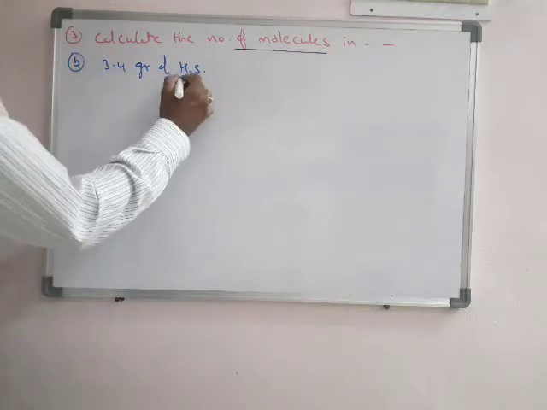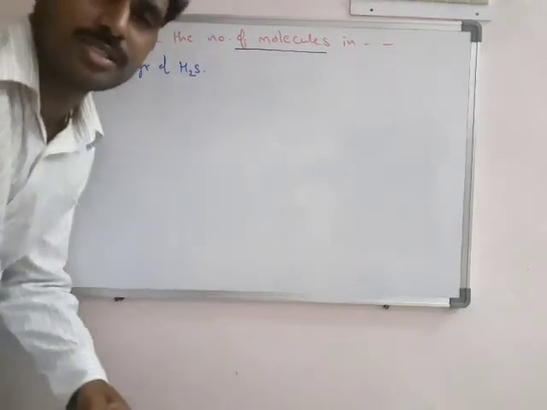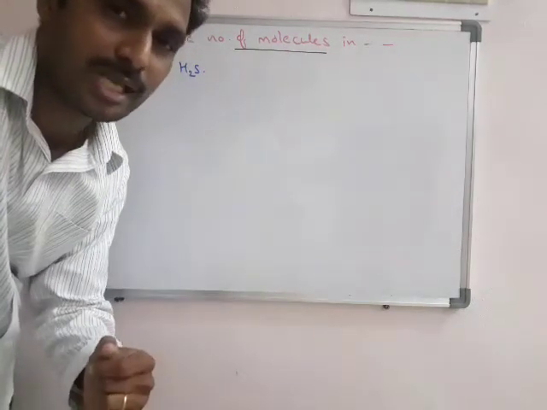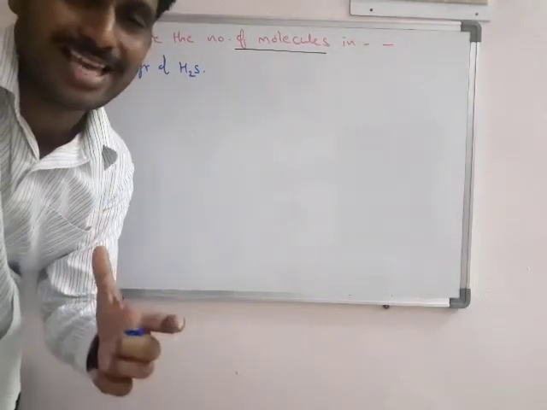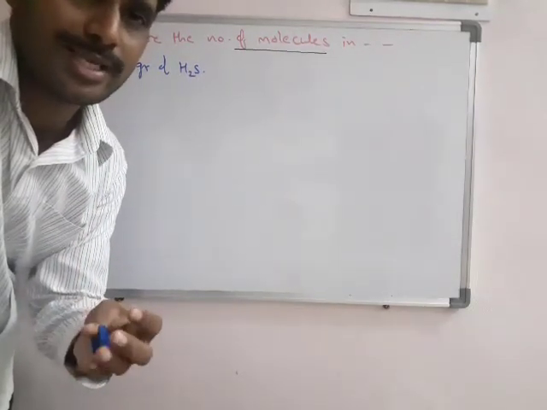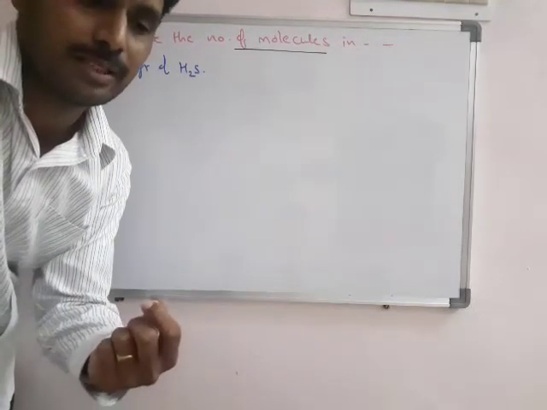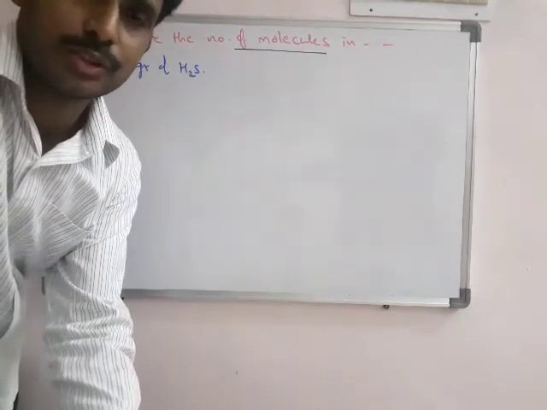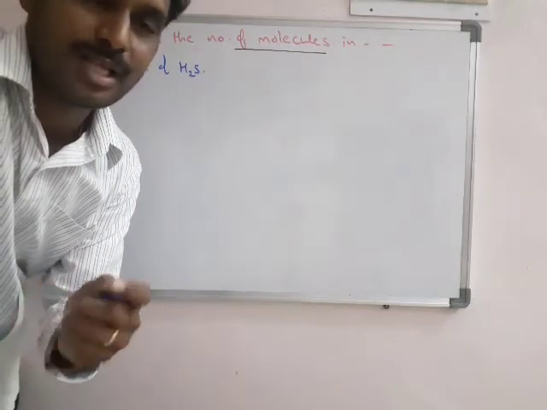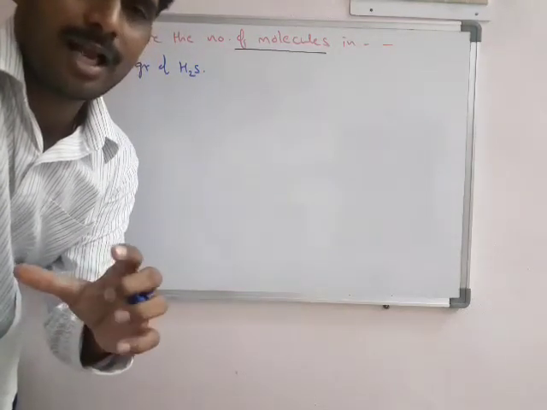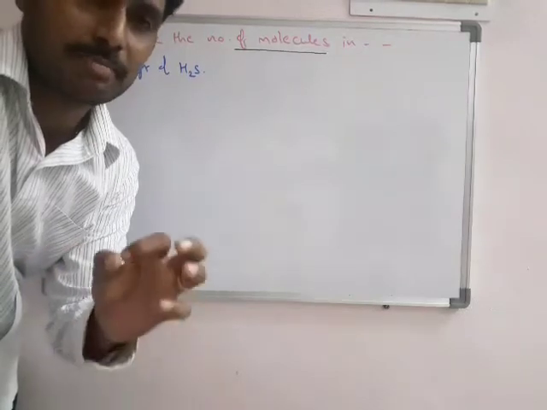What is the name of H2S? It is hydrogen sulfide. Generally it is present in the form of gas. The importance of this gas is that it is used to identify the sulfur present in a compound, and it has a very bitter odor.